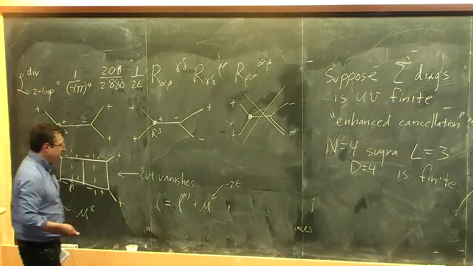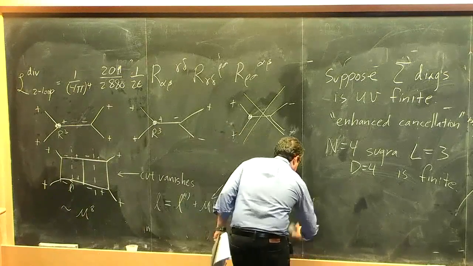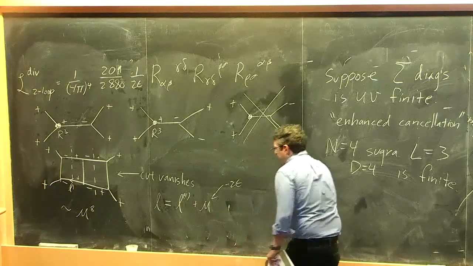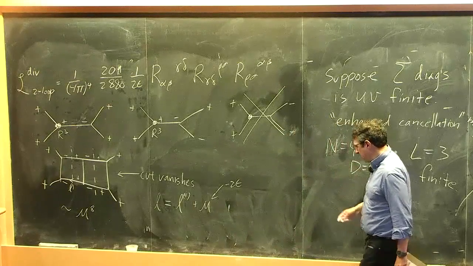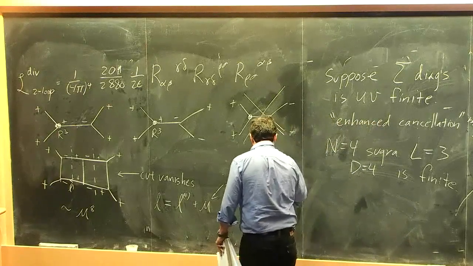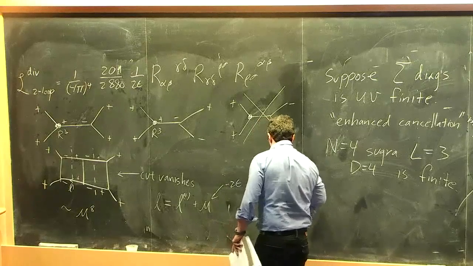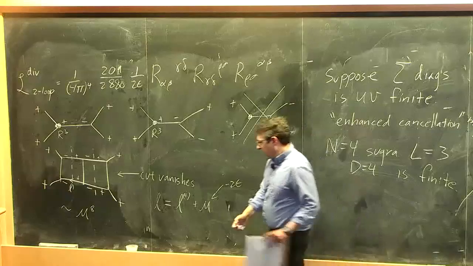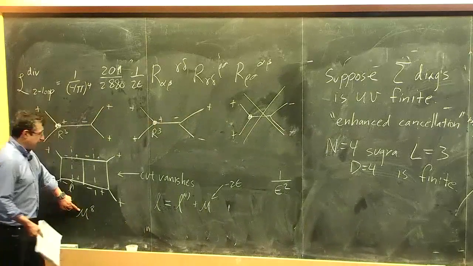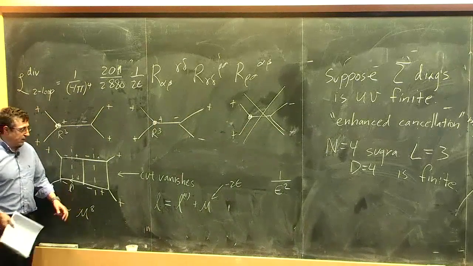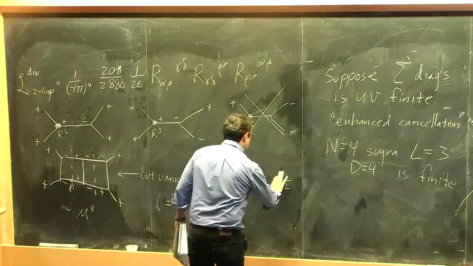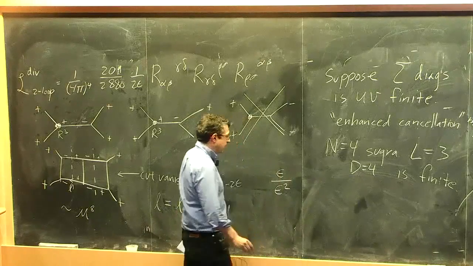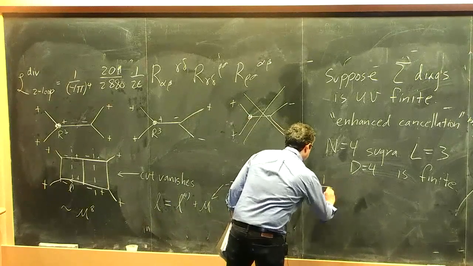Now, where's the UV divergence? There is a UV divergence in here. And the way this UV divergence comes about is because at 2 loops, there wants to be a 1 over epsilon squared divergence. I have something that's vanishing as epsilon goes to 0. And when you actually do the integrals, you find it's of order epsilon. So it behaves like 1 over epsilon.